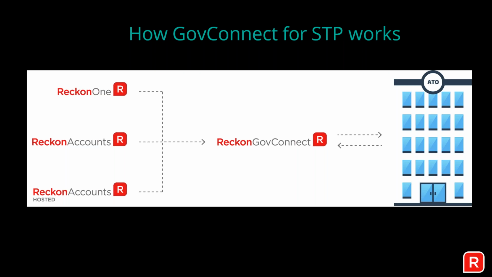How STP is going to work in the Reckon system. Generally, we've created Reckon GovConnect to handle the payroll information from all our payroll products. That includes Reckon One, Reckon Accounts Hosted, and Reckon Accounts Desktop. They'll feed into Reckon GovConnect, which will send the information through to the ATO, and the ATO will communicate back to GovConnect.